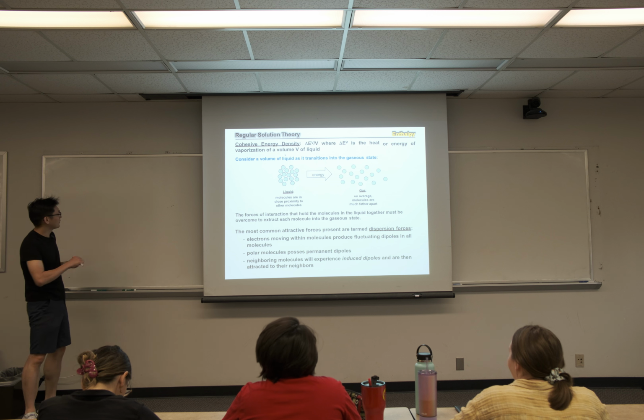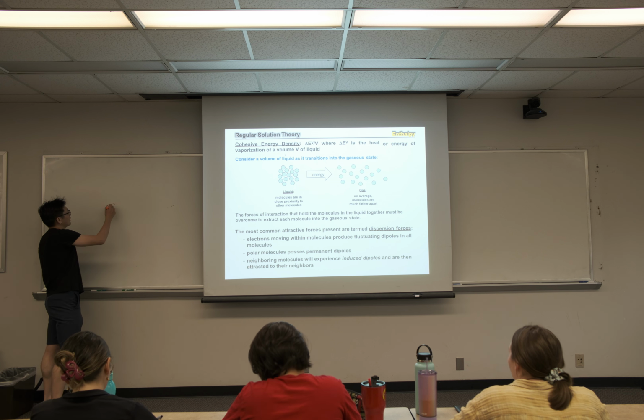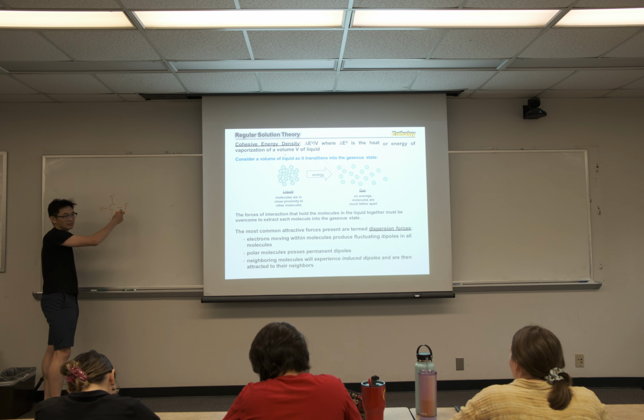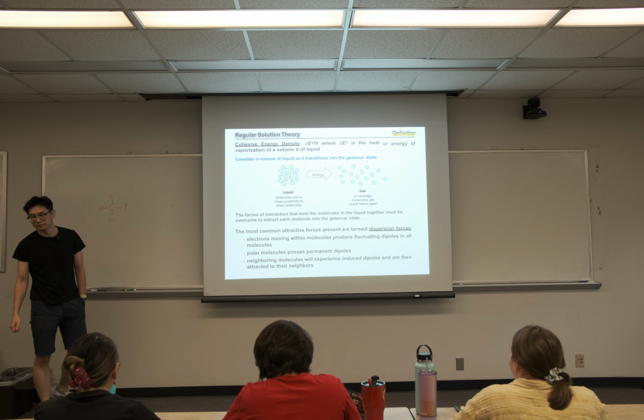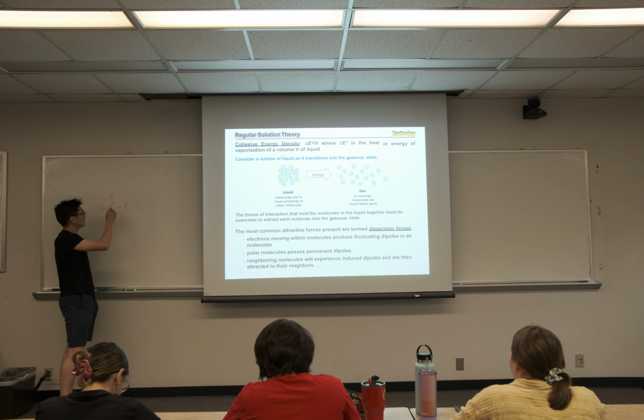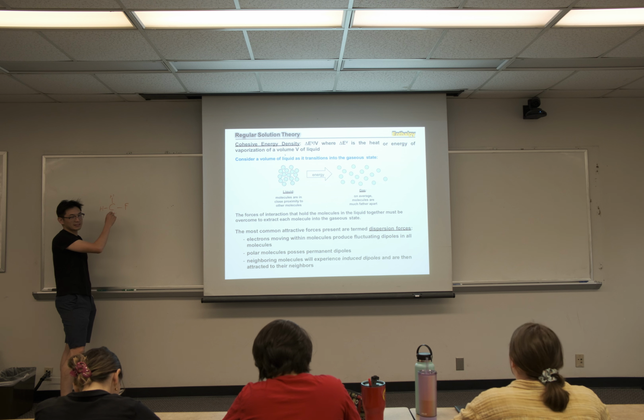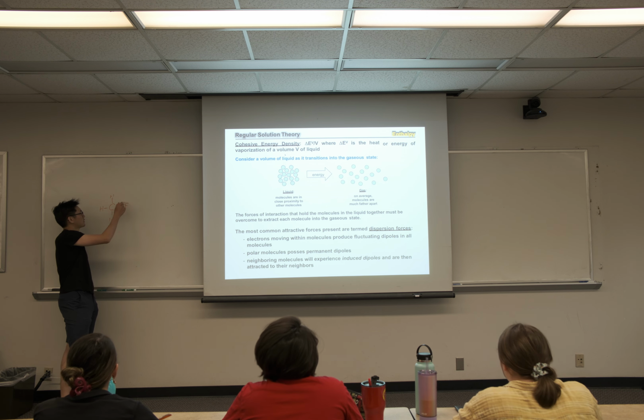So when you have, let's say, carbon, CH, CH, CH. Let's put in a fluorine or chlorine on that. So your electron is not going to be uniformly distributed along the bond. It depends on the bond strength.